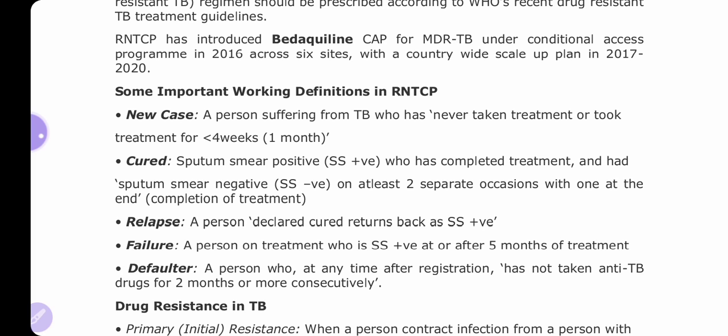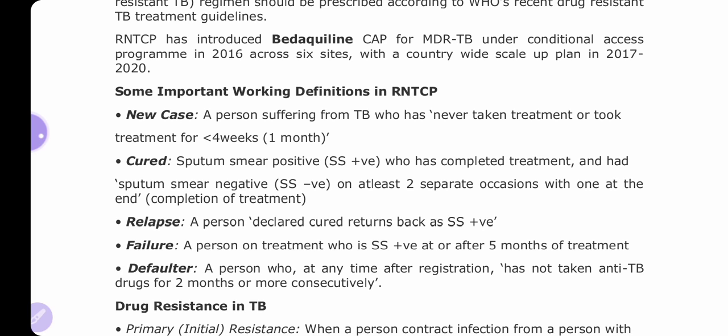Cured case, to whom will the cured case be called? The person who was previously sputum smear positive and has completed treatment and has sputum smear negative on at least 2 separate occasions, one at the end of treatment. So 2 sputum smears should be negative to declare the case as a cured case.